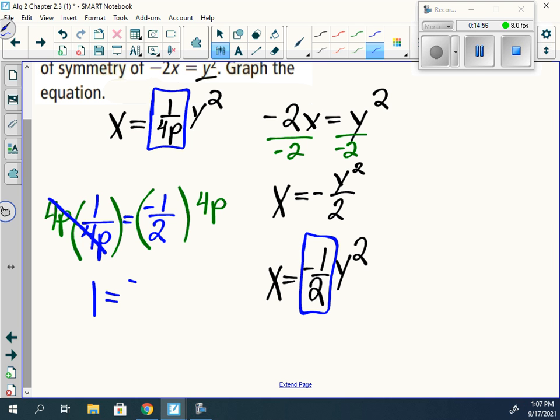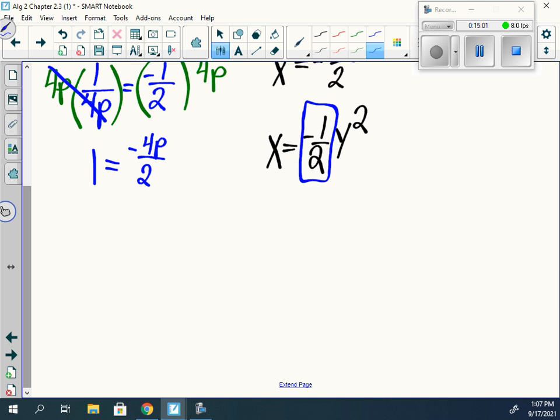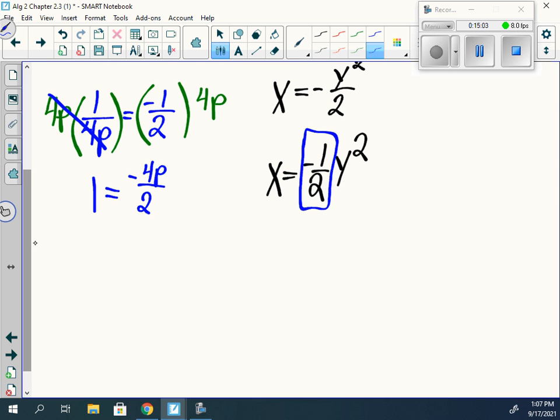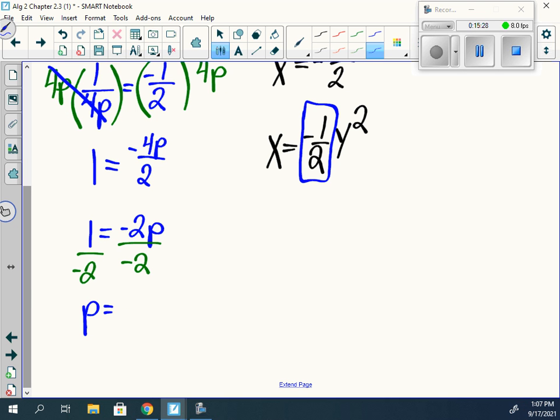On the other side, we're going to have what? -4p over 2. What is negative 4p divided by 2? Negative 2p. And last but not least, divide by negative 2, because we do need to officially get p by itself. And this will tell us that p is equal to negative 1/2.